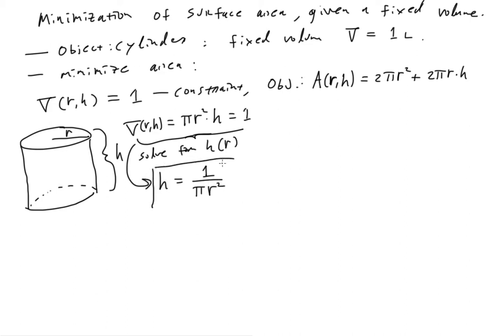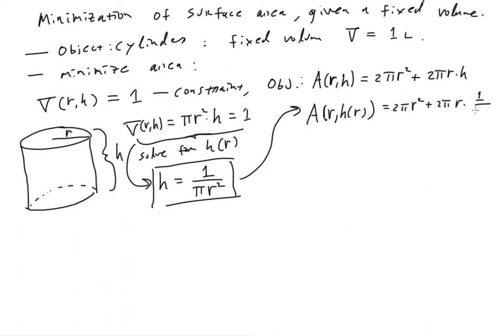So that's our function for h. And now we're going to plug it in here and get A of r, h of r. We're going to get 2 pi r squared plus 2 pi r times 1 over pi r squared.